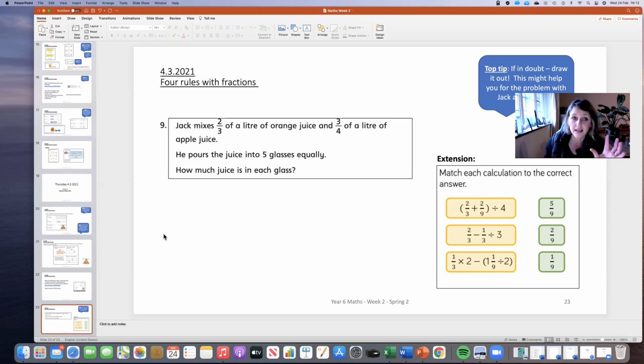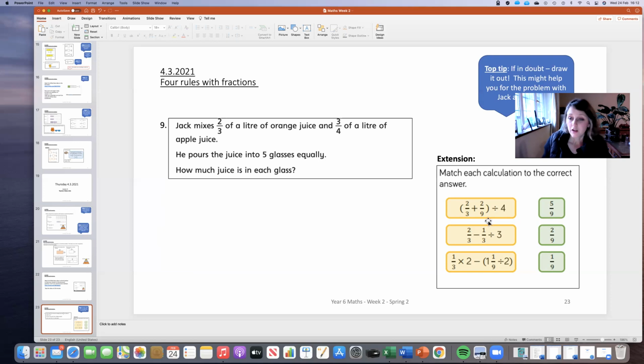What's he doing first? He's mixing the orange juice and the apple juice together. So what's he doing? He's adding those together. Once he's got that, he then is dividing it. He's sharing it, isn't he, into 5 glasses. So think about the equation that you would write mathematically, and then you can work out the stages that you need to work. And there you go, little extension.